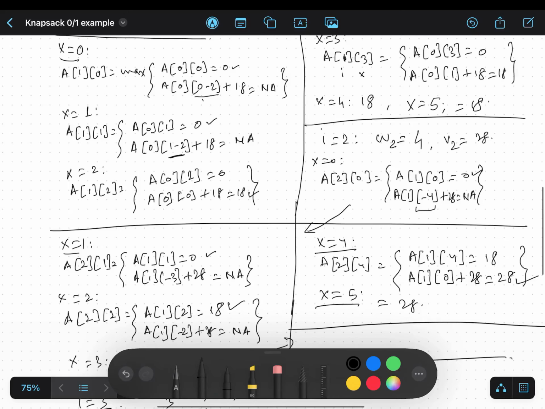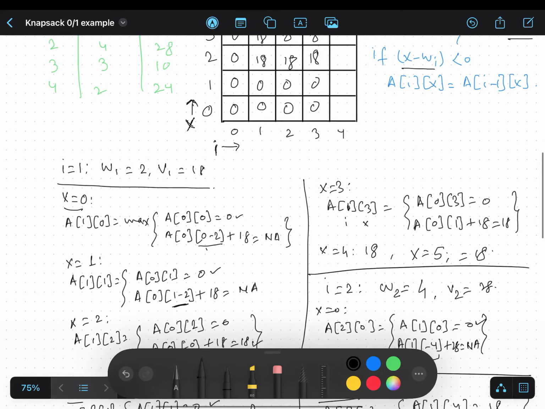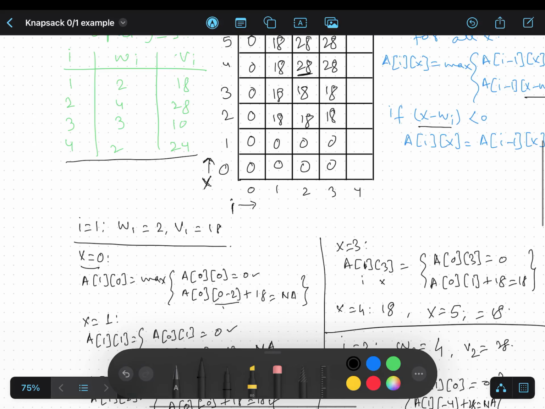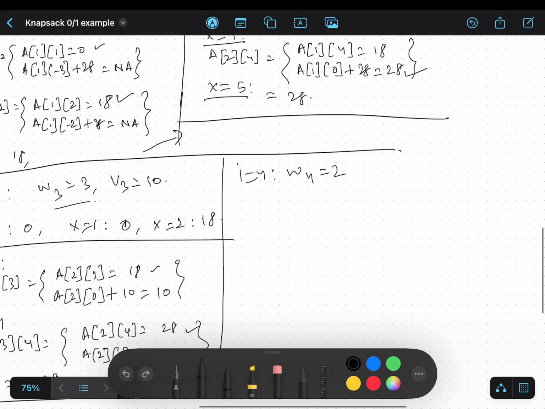Okay. Let's move on to the last step of i is equal to 4. So then W4 is 2 and V4 is 24. Okay.